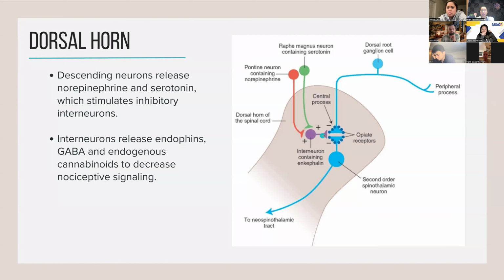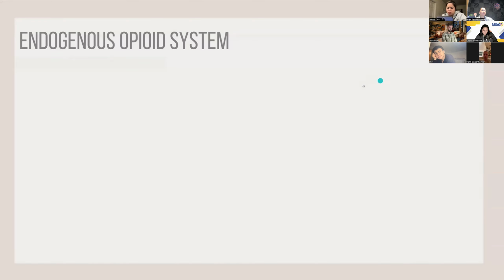What that interneuron is going to do is release substances to decrease the transmission of excitatory neurotransmitters. So in this area you have lots of GABA. Again, GABA is inhibitory, and then it's going to release your endogenous enkephalins, endorphins, and dynorphins here in order to decrease this signaling from occurring.